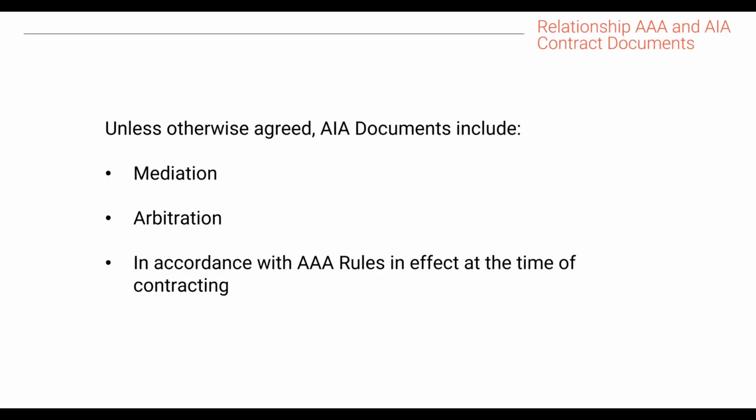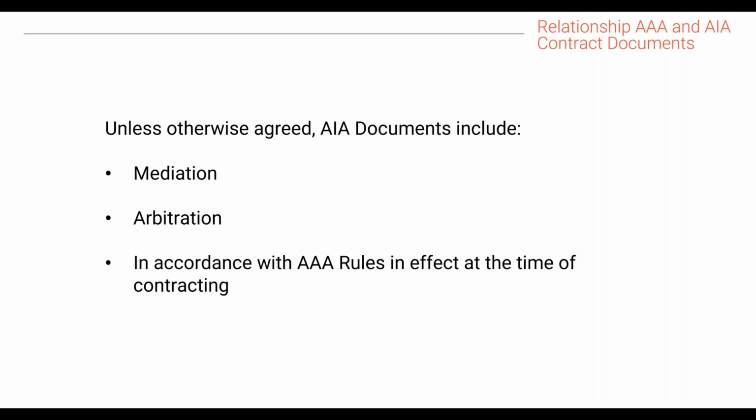Excellent. So Ken, can you talk a little bit about the relationship between AIA Contract Documents and AAA? Sure. Simply put, and as this slide suggests, unless otherwise agreed, most of the AIA documents call for mediation and give the parties the option to select arbitration as part of the dispute resolution processes.